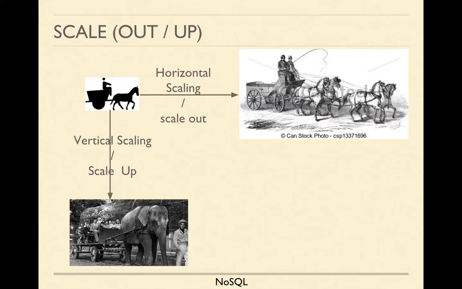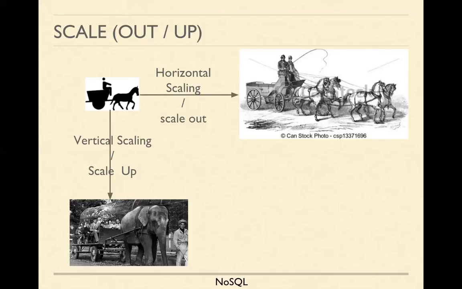So imagine that there was this cart owner. There was a cart, and he only had one horse in the cart, and he had to carry more weight in the cart than a horse could handle. So he has two options. One, either sell the horse and buy an elephant, or he builds a cart in which he can add more horses.